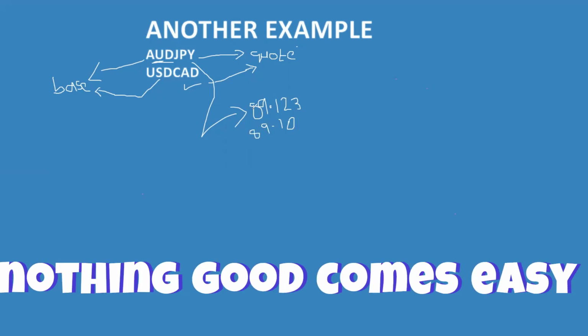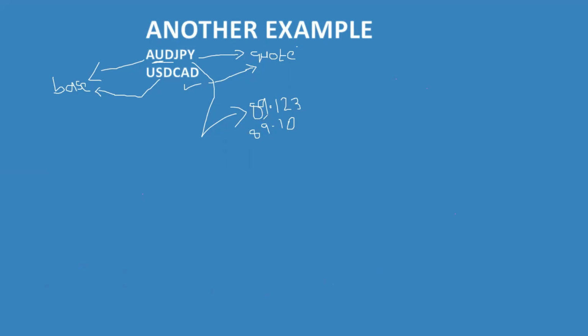For instance, you went short, you sold at 89.123, and I've told you that all the JPY pairs are quoted to 2 decimal places. So this last figure here is called a pipette. You don't count it. It is quoted to these 2 decimal places.